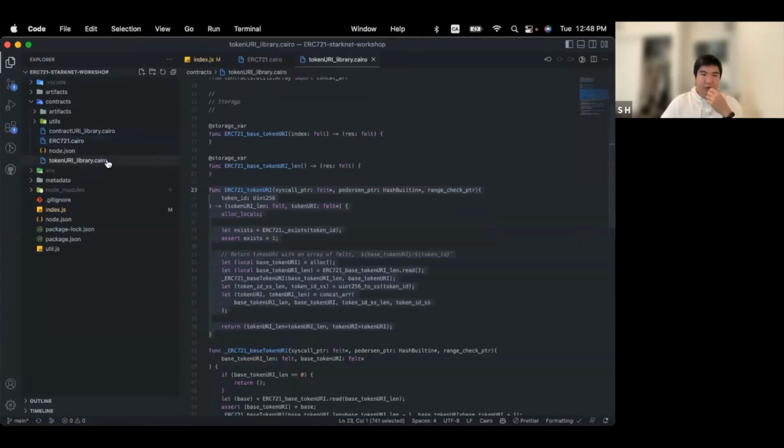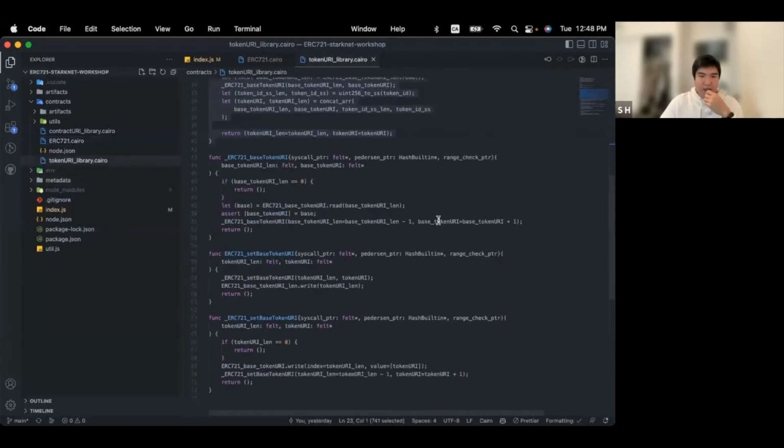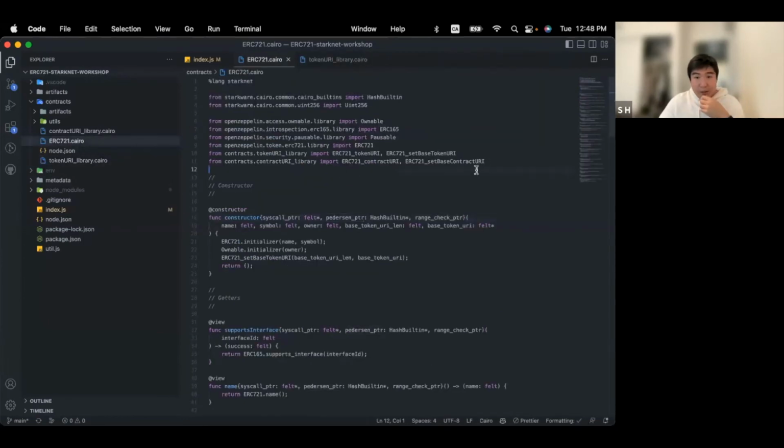So we have a long string library that is being imported here. You see the token URI library. This library supports the longer strings, and then we add the functionality to our smart contract. This ERC 721 is based on OpenZeppelin. OpenZeppelin is a security company that standardizes a lot of these contracts, including ERC 721, which is the NFT contract.